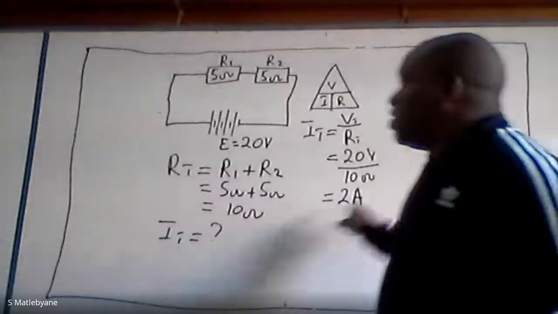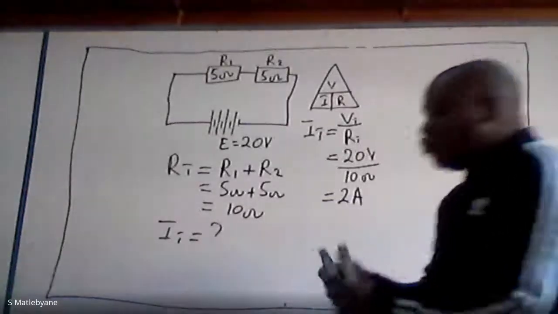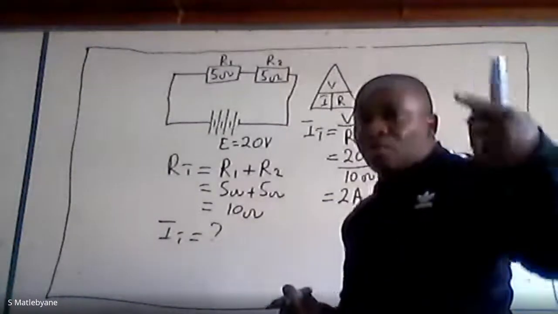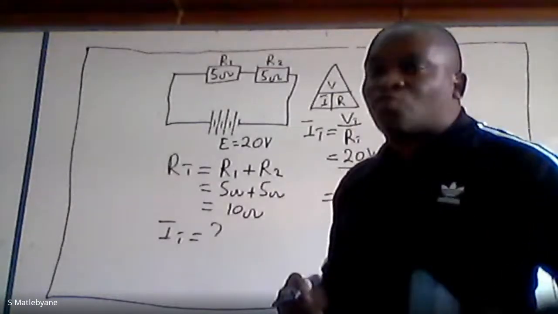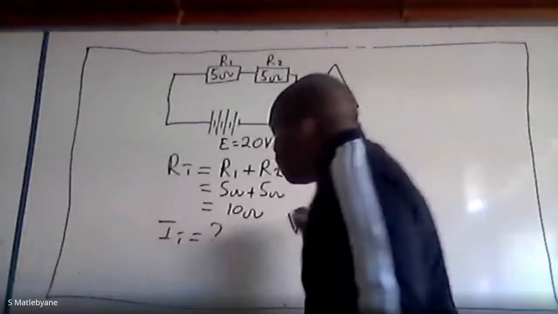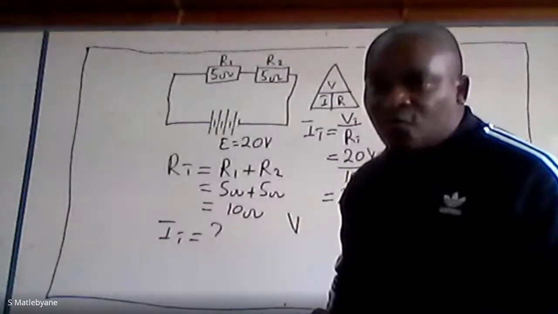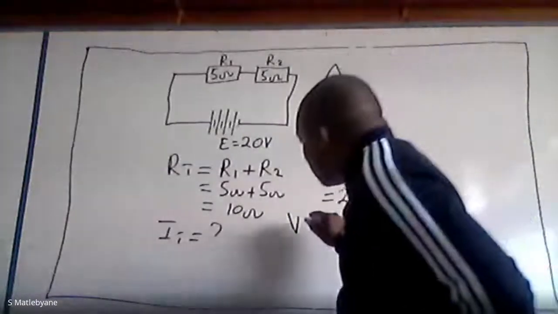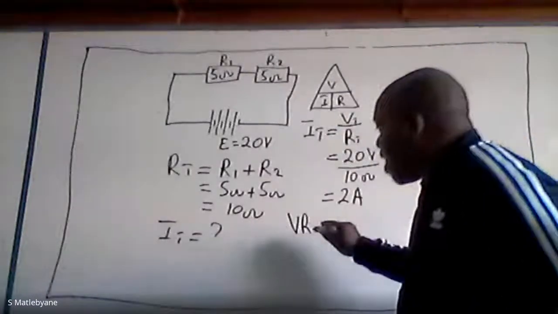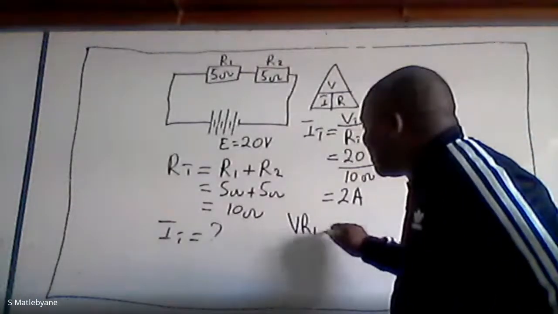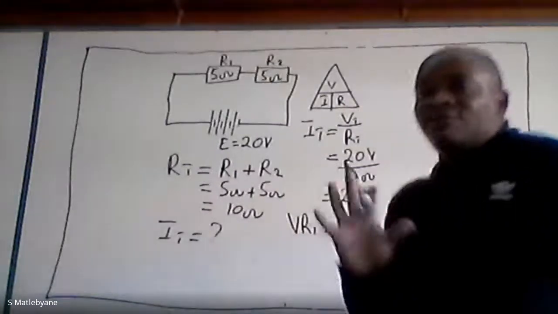Now, to see if you are following, calculate the following. And remember what I said to you about resistors connected in series. Calculate voltage. V is for voltage. And this is how we write it: voltage across resistor 1, so we say VR1.